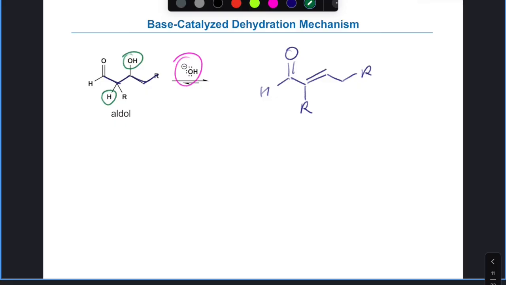So if we've got hydroxide present in the system, deprotonating here to reform our enolate is our first move. So the enolate that we generate under these conditions, this is our first move as we go through this component.